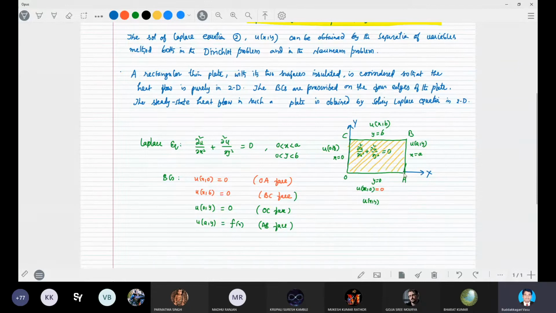I just took the insulated surfaces, I am making these two faces insulated. If I insulate these two faces, what will happen?